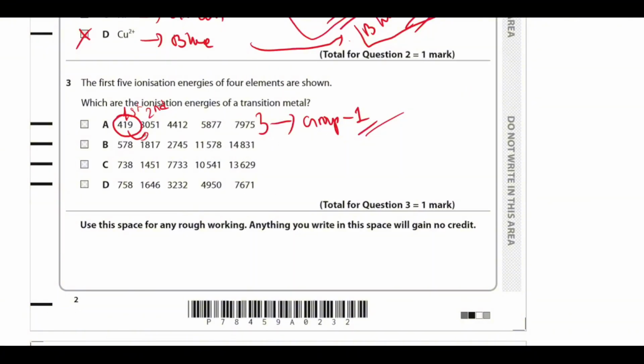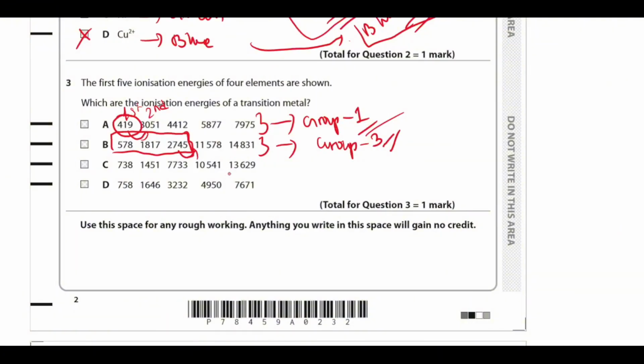Moving on, if we see option B, we can clearly see a big jump between the third and the fourth electron. So that means 3 electrons were present in the outermost shell. That places the metal in group 3, and transition metals are not found in group 3 either.